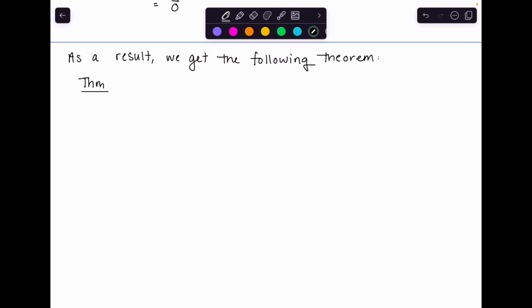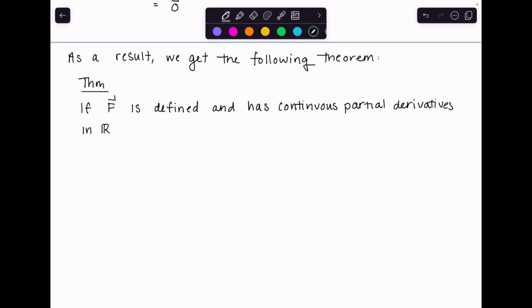So this tells us if F, the vector field, is defined and has continuous partial derivatives in R3, then the vector field F is conservative if and only if the curl of the vector field is the 0 vector.